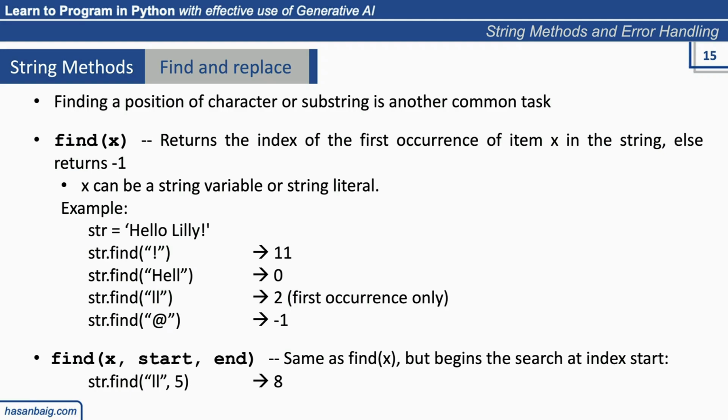So what do you think it will return? You already have the answer in front of you. It returns 2, right? But if I replace it with rfind, this time it will return 8, okay? Because it is searching in the reverse direction, but reading the string in the forward direction. So this double L starts from the index number 8. 0, 1, 2, 3, 4, 5, 6, 7, and this double L is starting from index value 8.